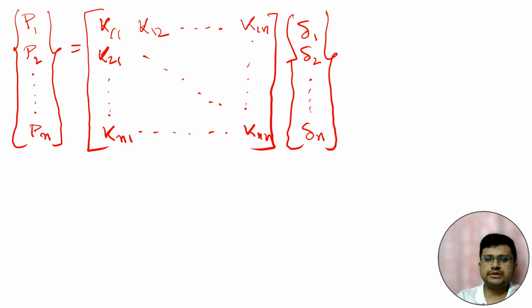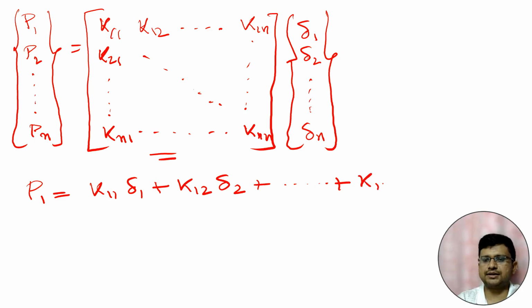Now, this is the stiffness matrix. Similar to the previous problem, what will be P1? P1 will be equal to K11 delta 1 plus K12 delta 2 up to K1n delta n. For the previous case, we provided different forces at different nodes.